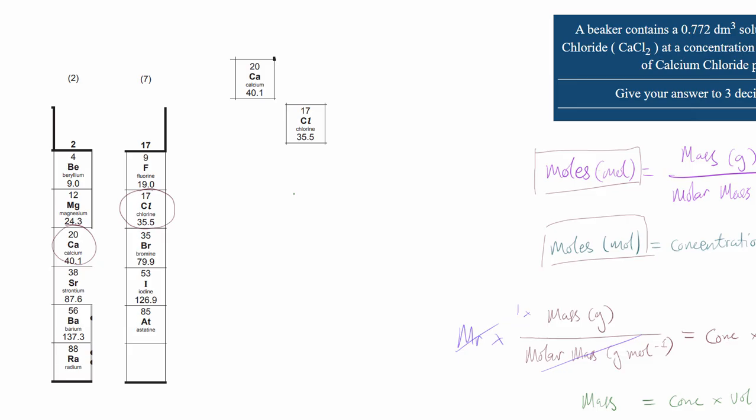So for CaCl₂, for calcium it's 40.1, and it occurs once, so that's multiplied by 1. Then we add this to Cl, which is 35.5 multiplied by its occurrence, which in CaCl₂ is 2.